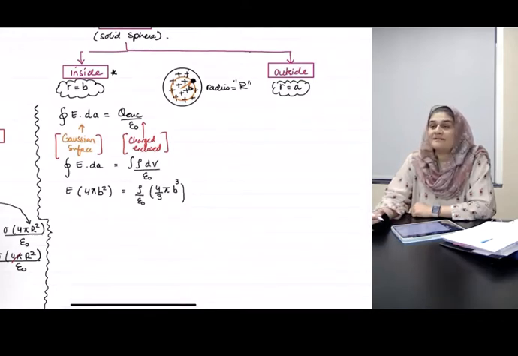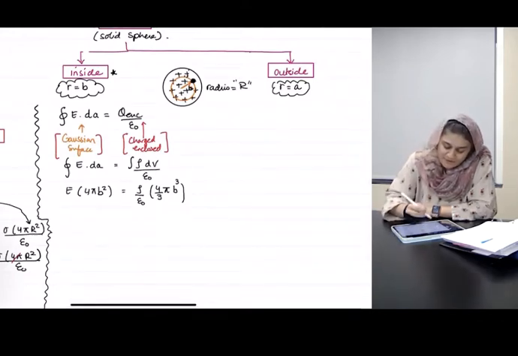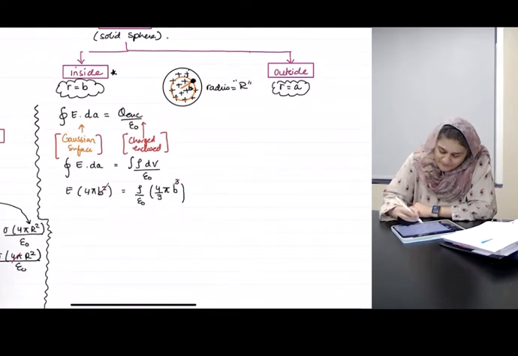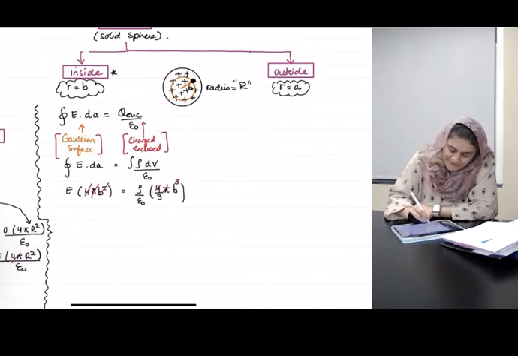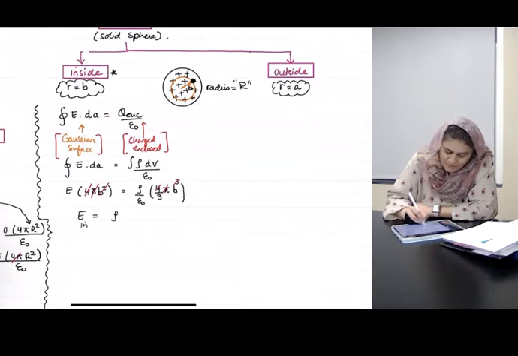So what will I get? Well, one of the B's is going to go away. And the 4 pi are going to go away. And I will get E in as rho B divided by 3 epsilon naught B hat.